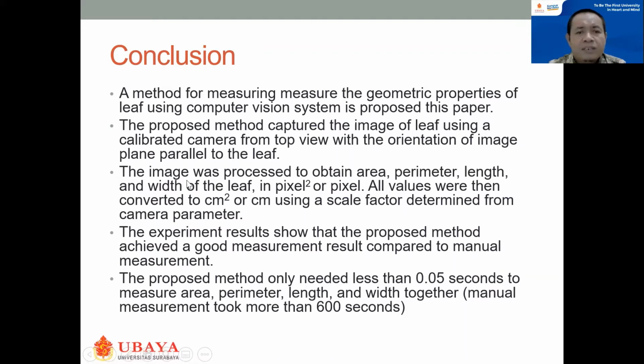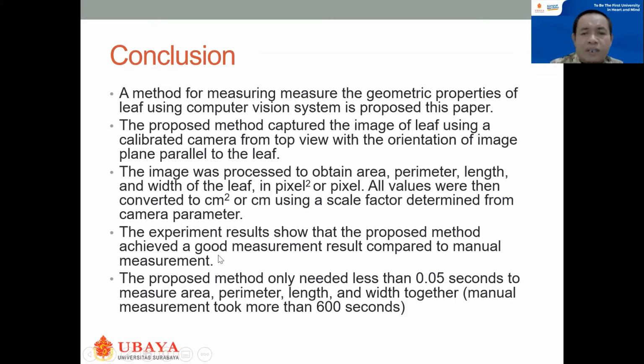The image was processed to obtain area, perimeter, length, width of leaf in pixel square or pixel. All values were then converted to centimeter square or centimeter using a scale factor determined from camera parameters. The experiment result showed that the proposed method achieved a good measurement result compared to manual measurement.